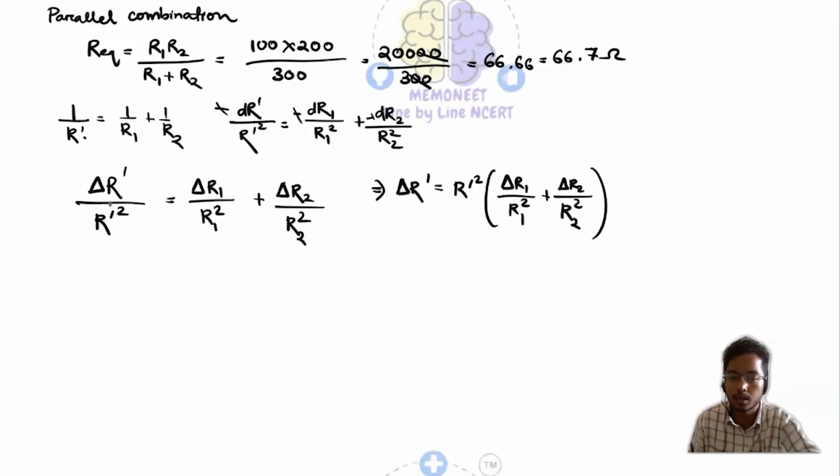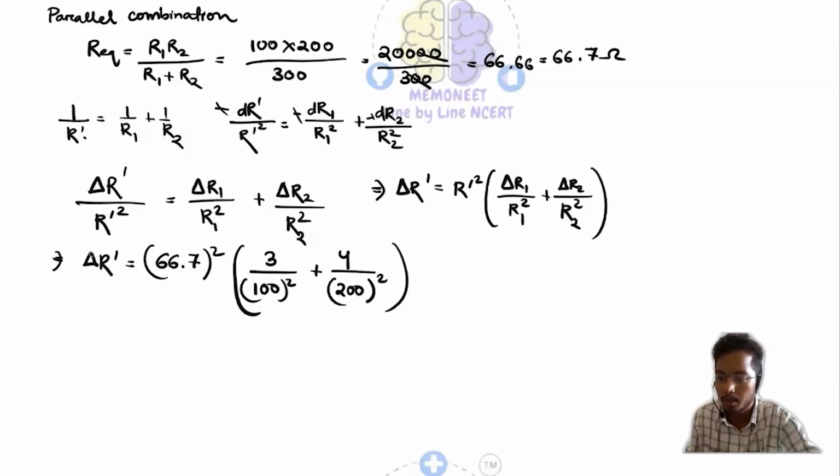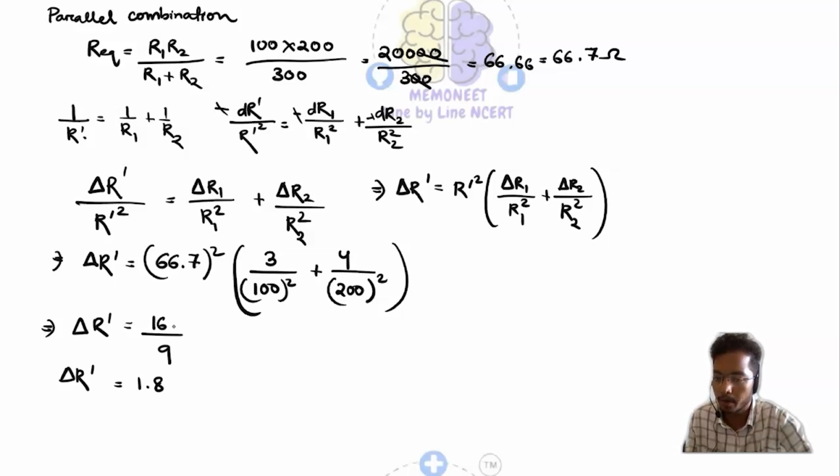Putting in the values, delta R dash is equal to 66.7 square into 3 upon 100 square plus 4 upon 200 square. Solving this out, it comes to be 16 upon 9, so delta R dash comes to be 1.8 ohm.